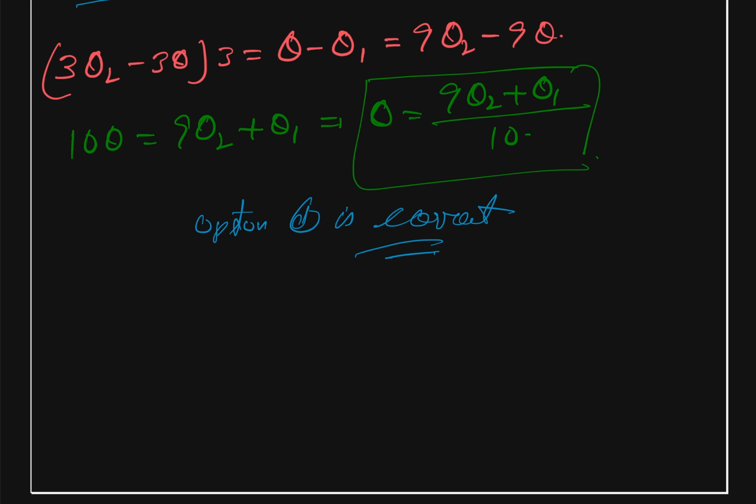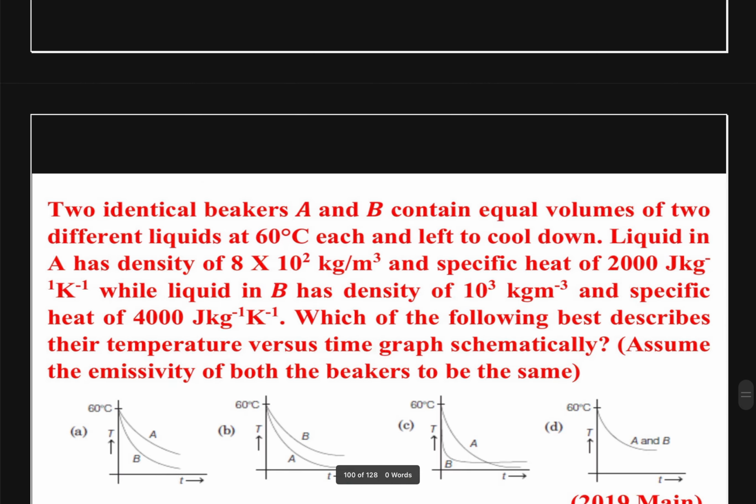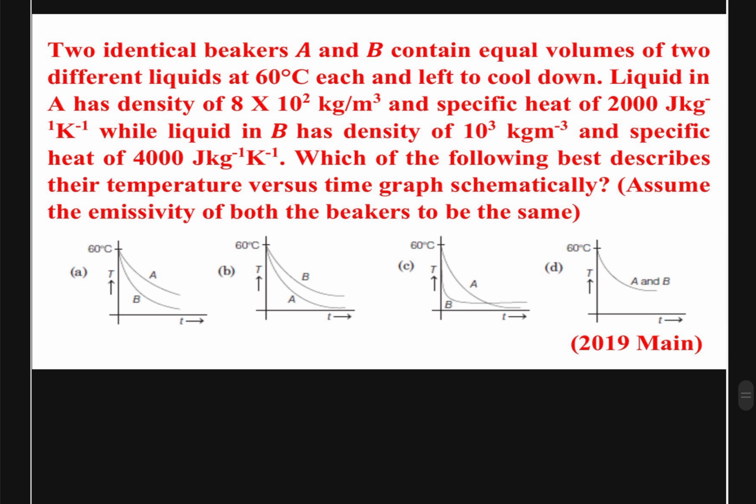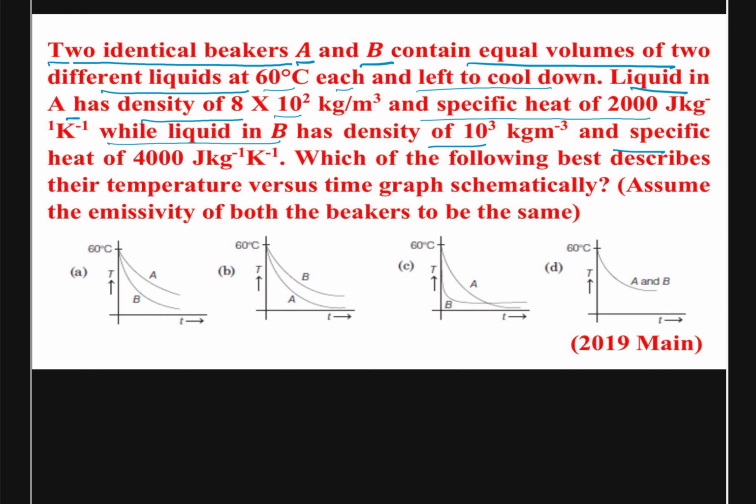Next question. It states that two identical beakers, A and B, contain equal volume of different liquids at 60 degrees centigrade each. Left to cool down, liquid in A has a density of 8 into 10 to the power 2 and specific heat of 2000, while the liquid B has a density of 10 to the power 3 and specific heat of 4000.